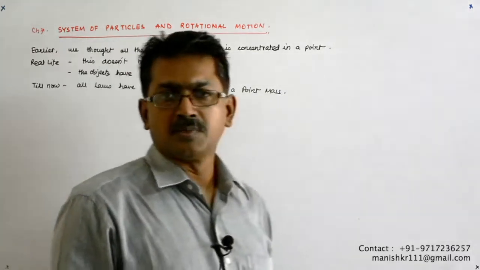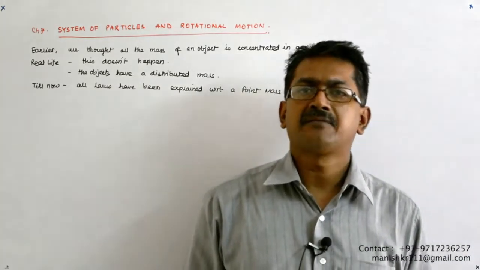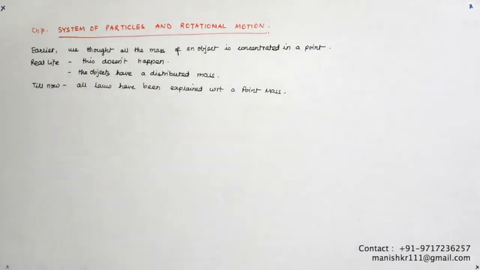And this is the biggest trouble. Nothing in this world is a point mass system, and we have studied everything with respect to the point mass system. So what do we do? Where do we land? What do we do when we apply these laws in real life, and what will happen? That is what we'll explore.